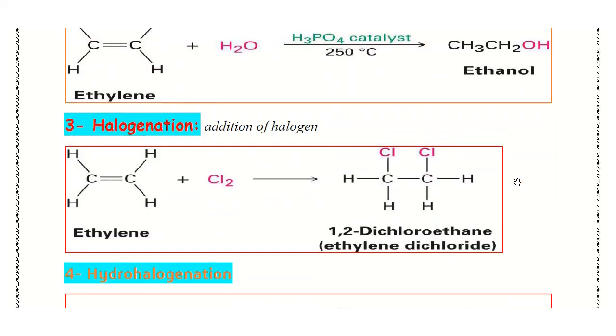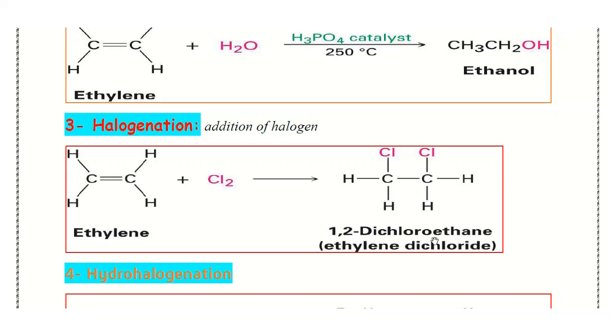Another type of example is halogenation. Halogenation is the introduction of chlorine into the chemical structure of the double-bonded ethene. So when ethene undergoes the halogenation reaction, it forms a product that has the chlorine molecule in its structure.